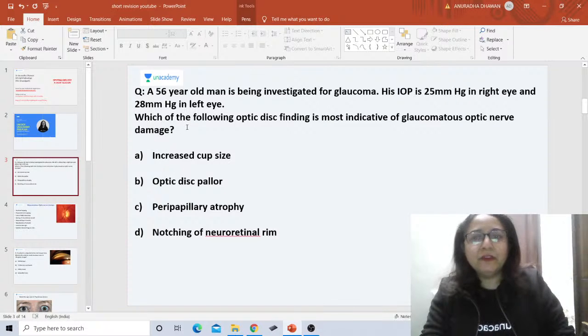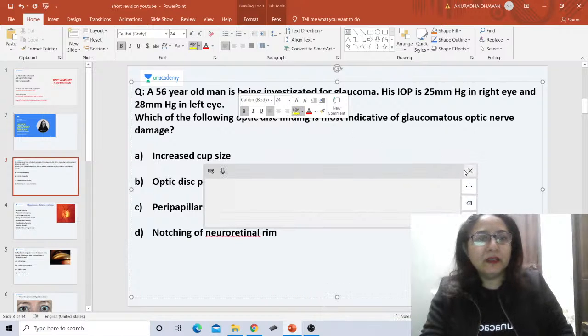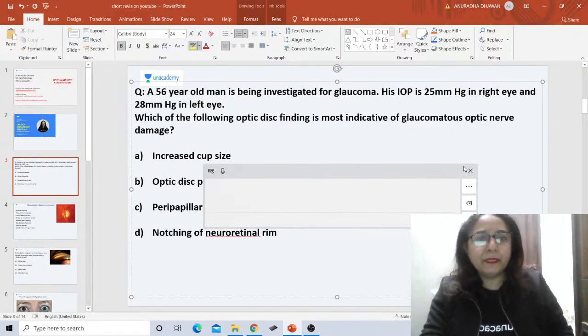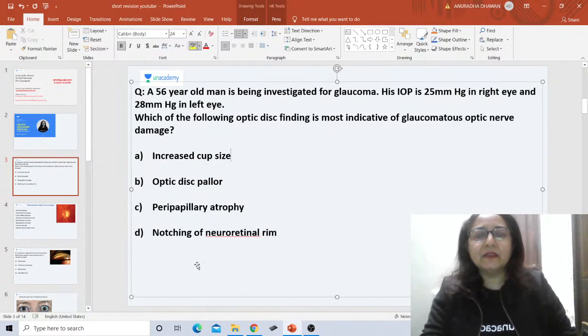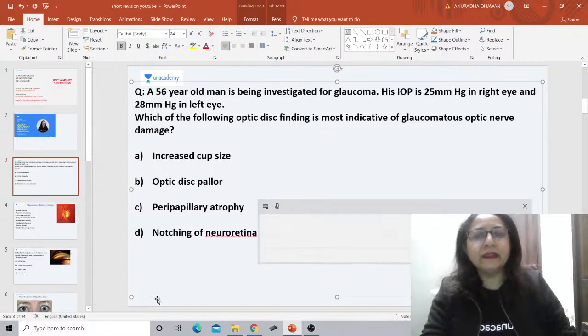Okay, now which of the following optic disc findings is most indicative of glaucomatous optic nerve damage? Increased cup size, optic disc pallor, peripapillary atrophy, or notching of the neuroretinal rim.